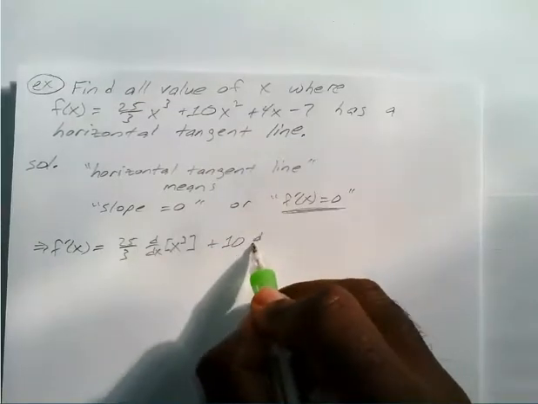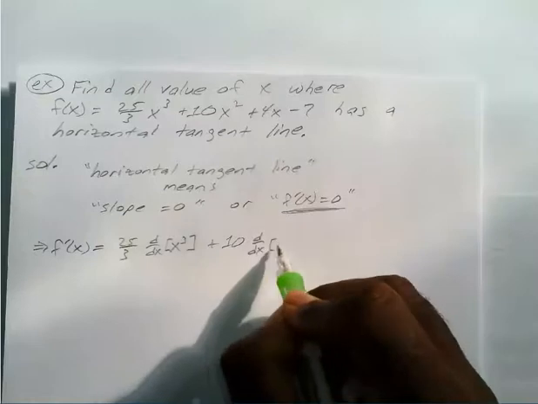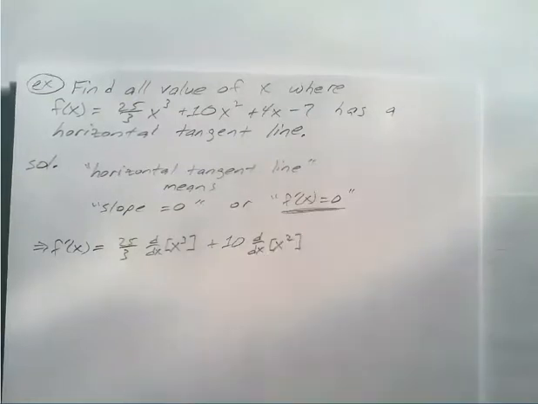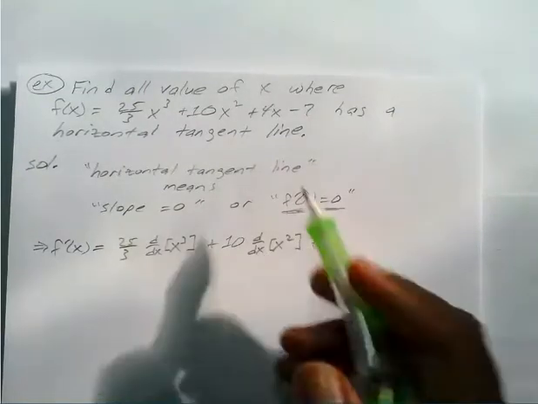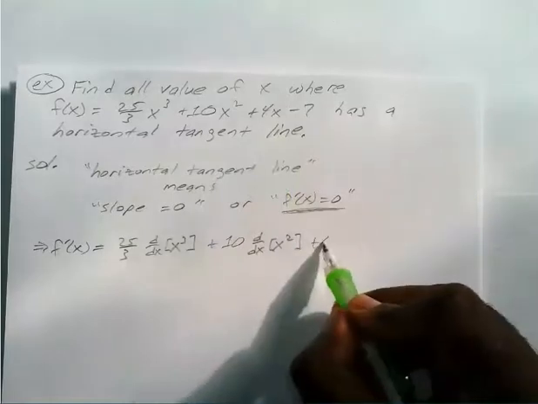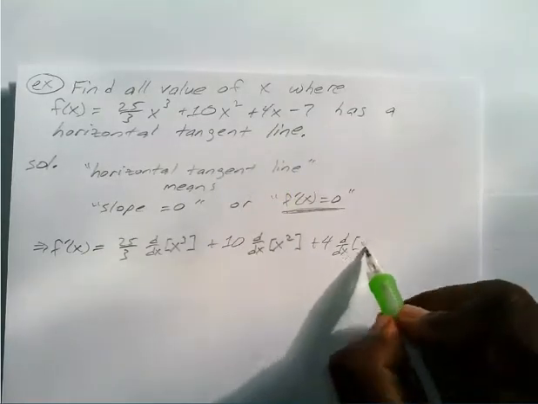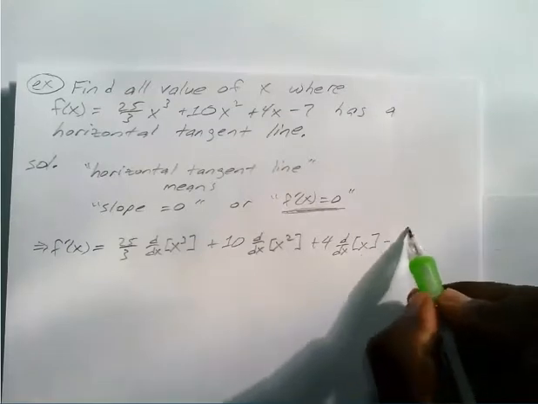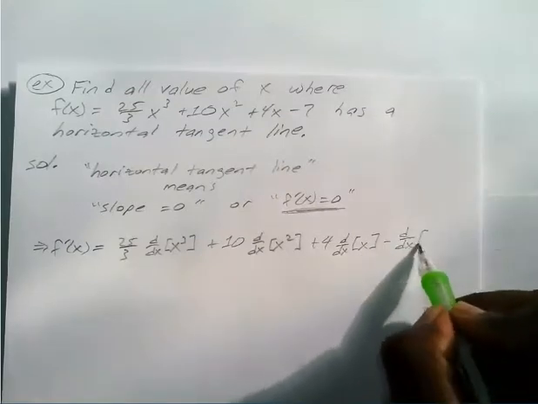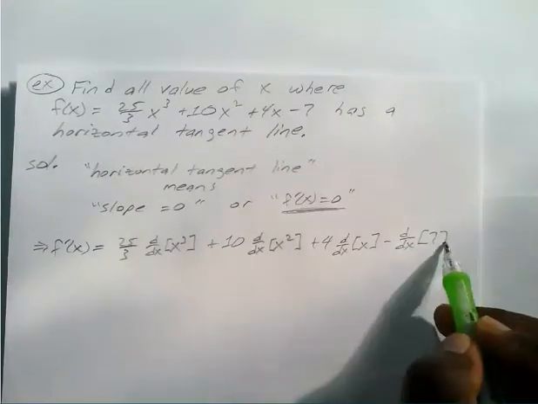So that's the 10 times the derivative of x squared, plus you have 4 times x, so you can put the 4 out front, times the derivative of x minus the derivative of 7.